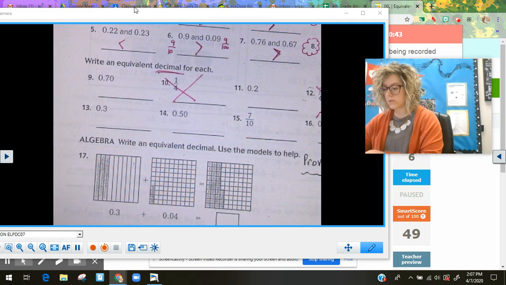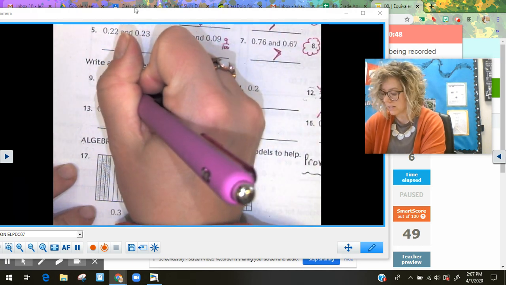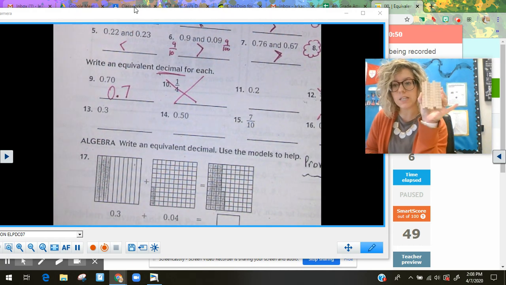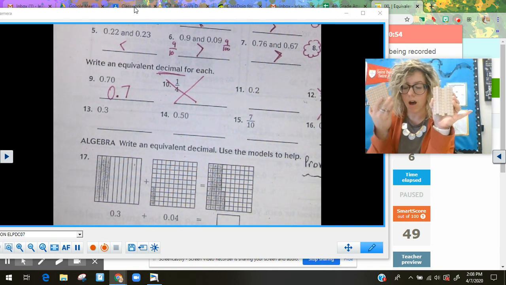So we can also write this as 0.7. 7 of these 1/10 sticks measured to 70 of these.